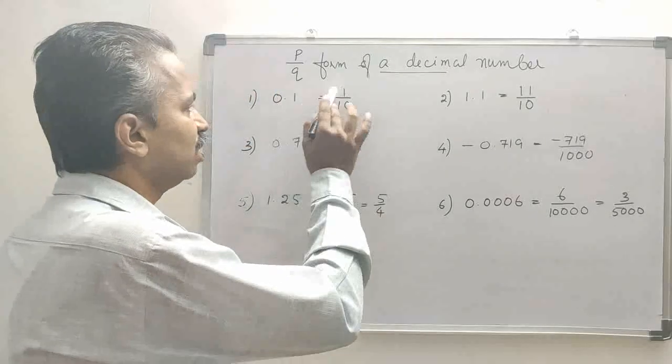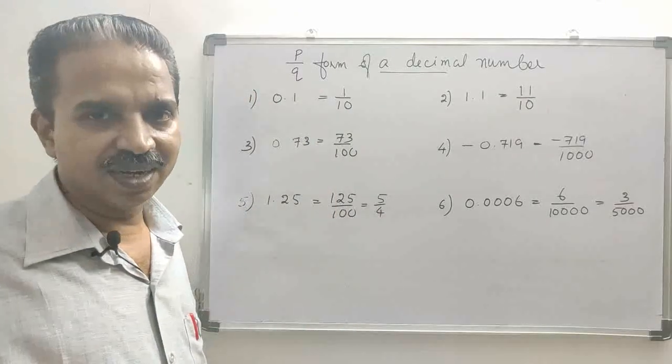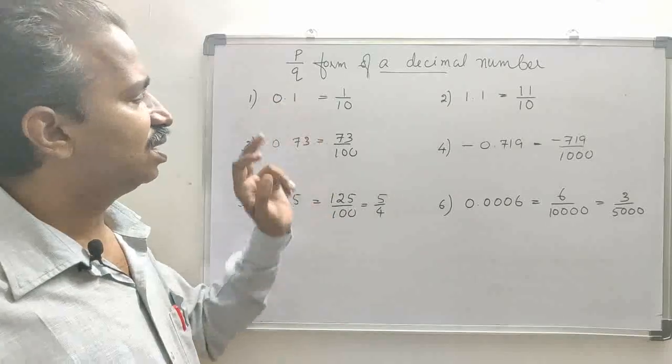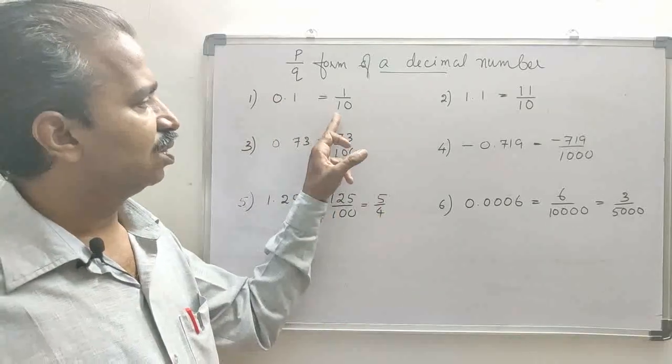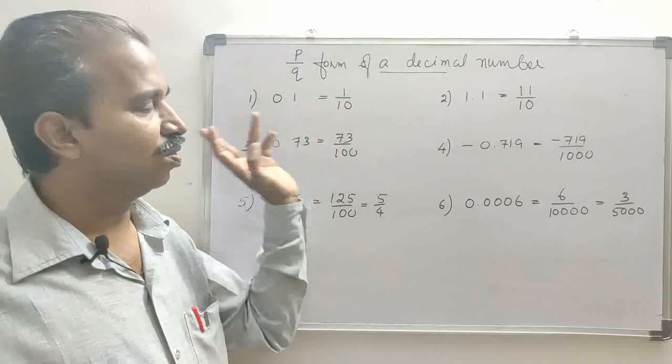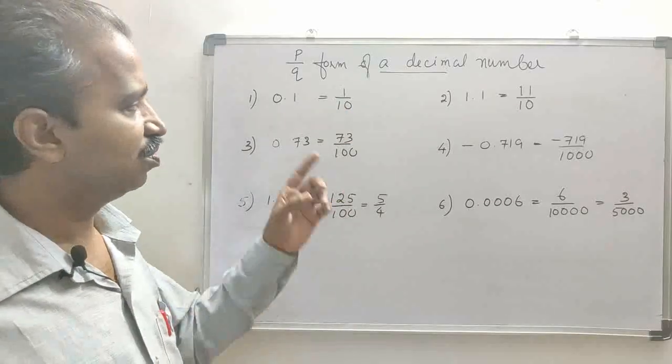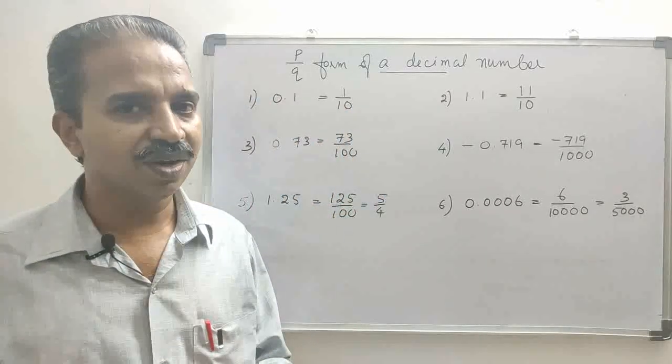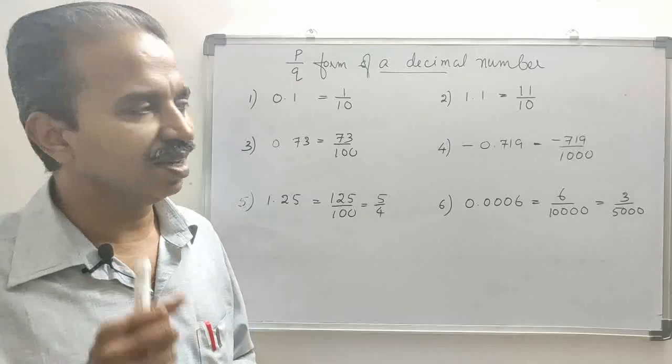Here the number without decimal point is 1, so that is written as numerator. Only 1 digit is after decimal point, so at the right side of 1 only 1 zero is put. So if 2 digits are there after decimal point, then denominator is 100.